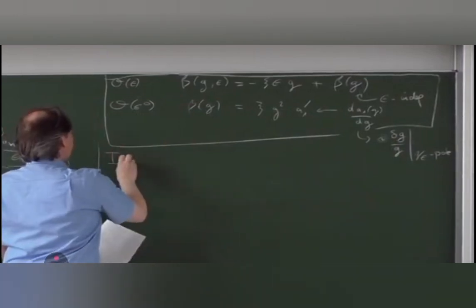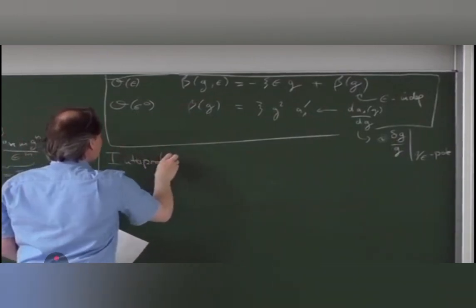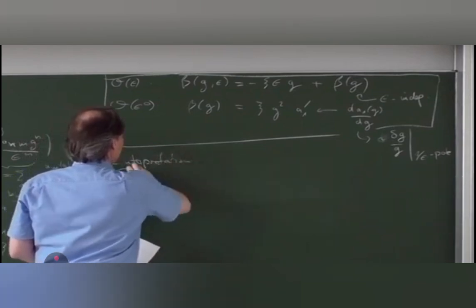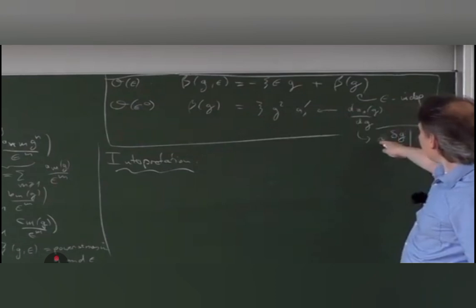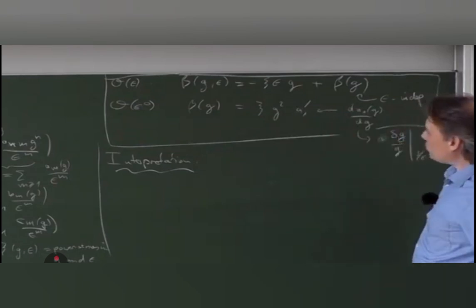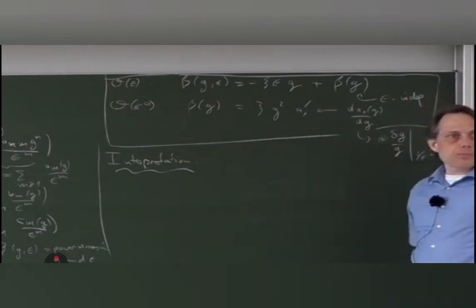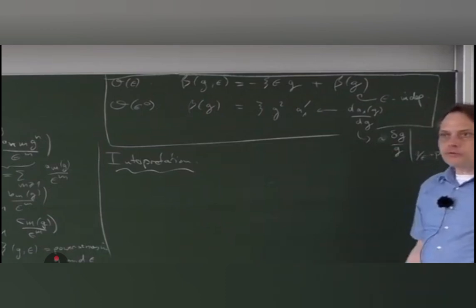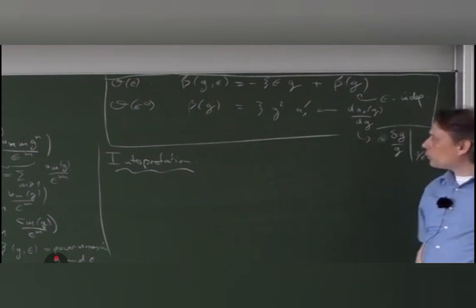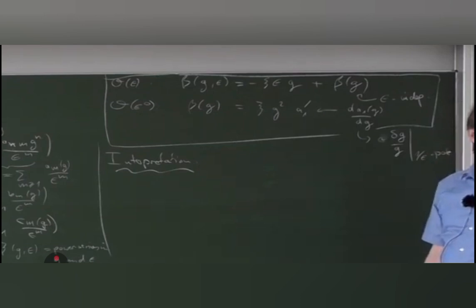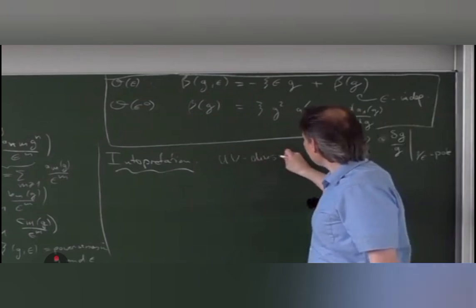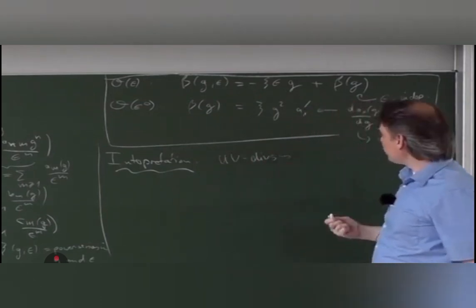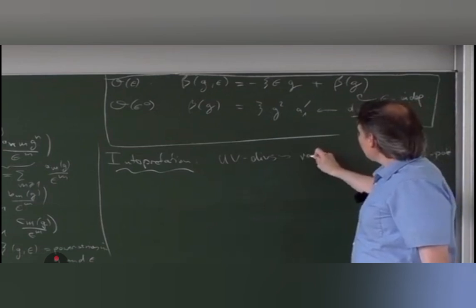Let me first give an interpretation. The interpretation that you should fix in your mind is: why is the beta function related to the 1 over epsilon pole? We already discussed it yesterday a little bit, but the very first starting point was the necessity for regularization. The necessity for the regularization are the ultraviolet divergences. Because the ultraviolet divergences exist, we need regularization.